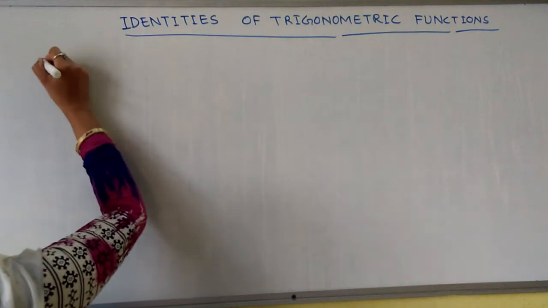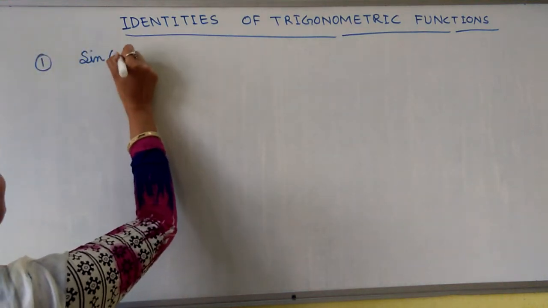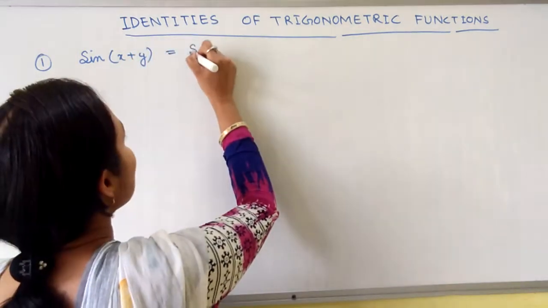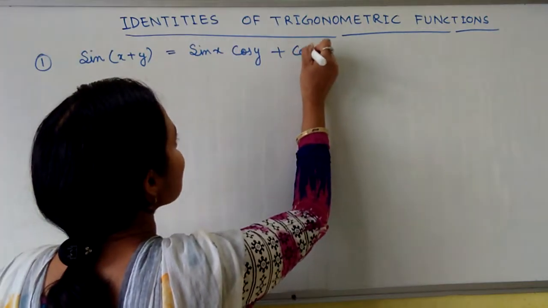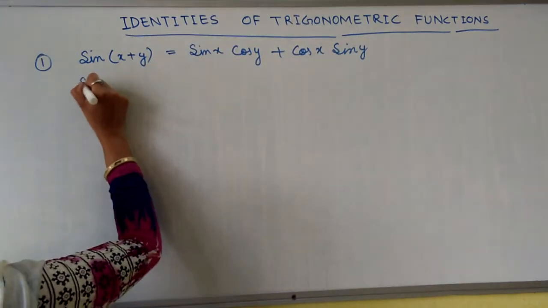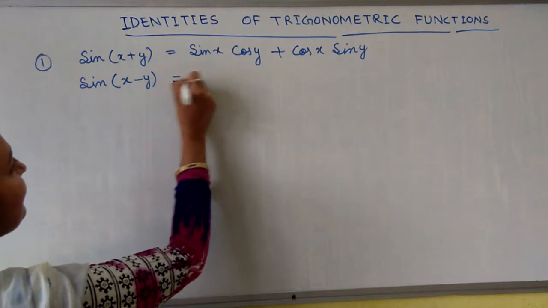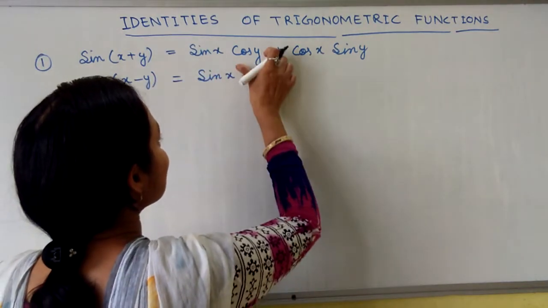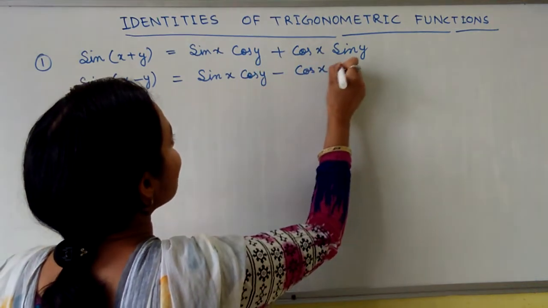The first identity is sin(x plus y). In this identity we will write it as sin x cos y plus cos x sin y. Similarly, we have the second identity of this type, sin(x minus y), that is sin x cos y minus cos x sin y.